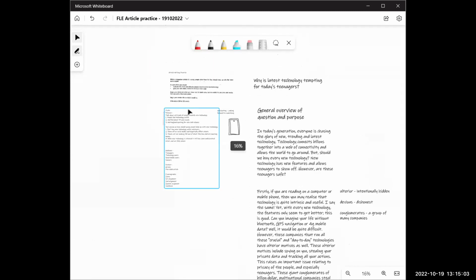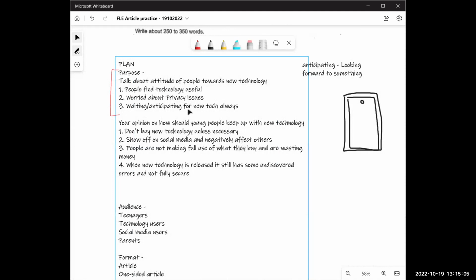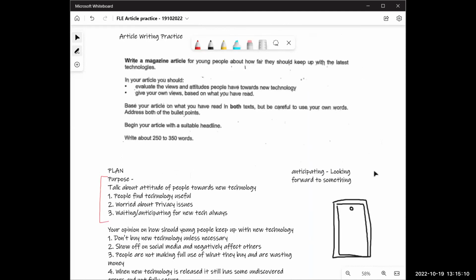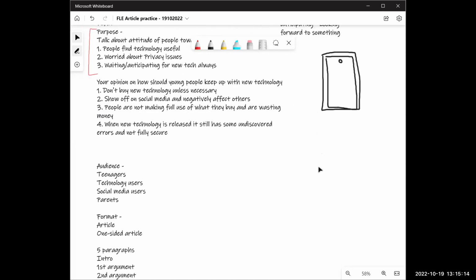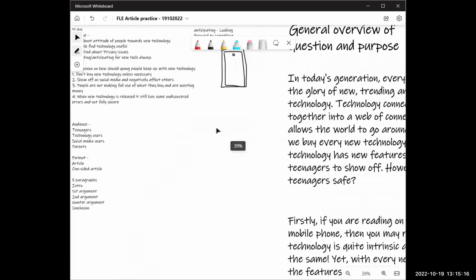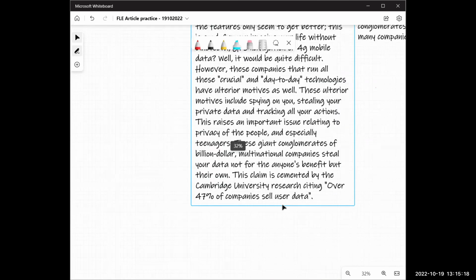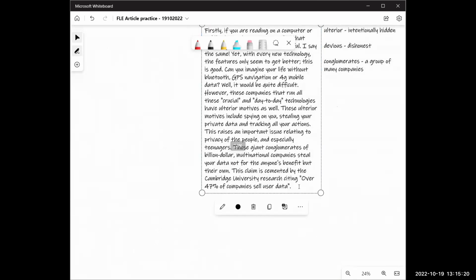Fine. Now, next up, we talked about being worried about privacy issues and fine technology. Now, secondly, talk about how people should act then. These are all the issues, fine. But how should people act then?